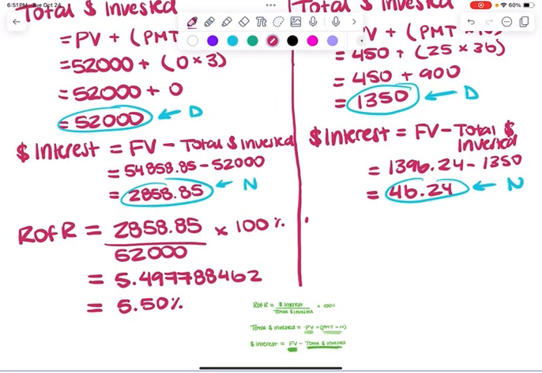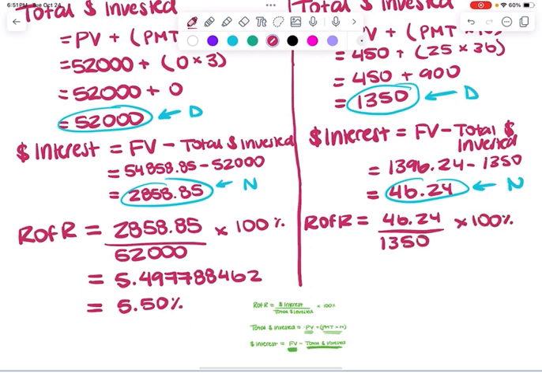We could go ahead and plug in my rate of return values to actually make that calculation. The numerator is 46.24. The denominator is 1350. And I'm multiplying that quotient by 100%. So I've got 46.24. I divide by 1350.